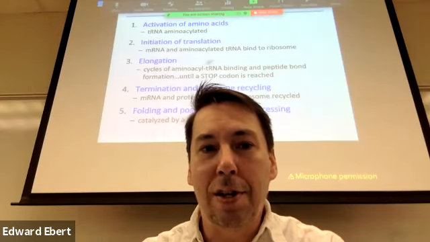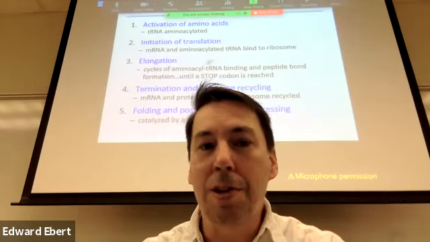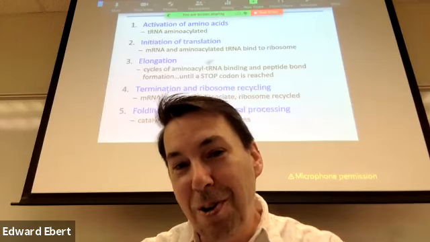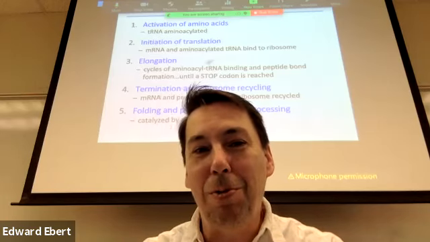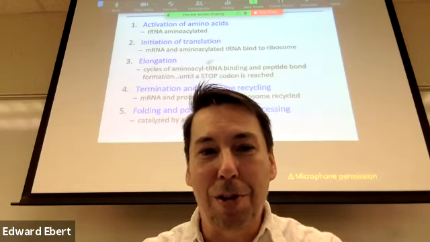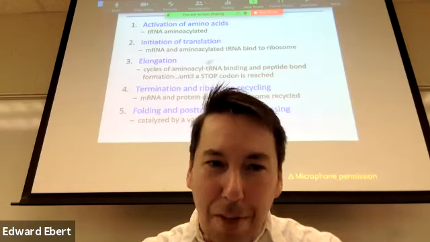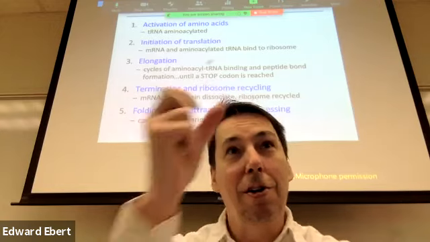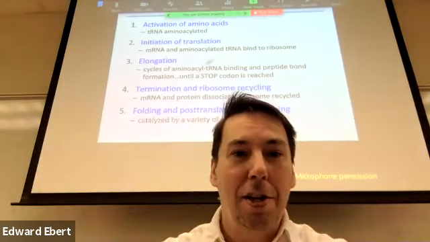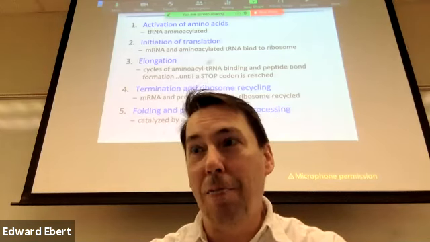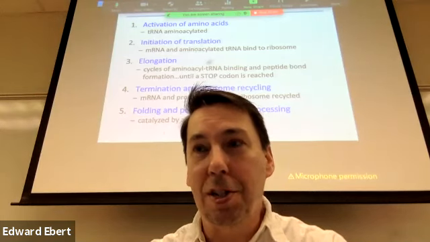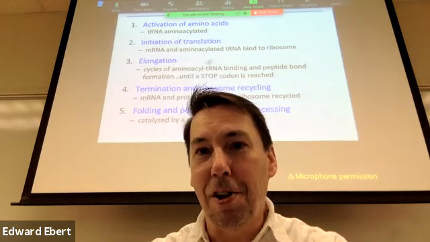That stop codon signals the termination. It's not always a stop codon because some other things can happen that will cause termination, and then it'll fall off the ribosome, and we can recycle stuff again as well. And then finally, once we have our protein that's made, it has to be folded. It has to undergo post-translational processing, maybe some modifications.